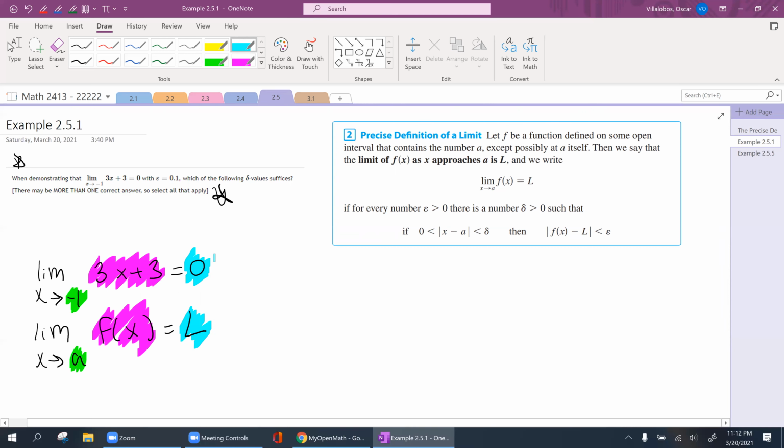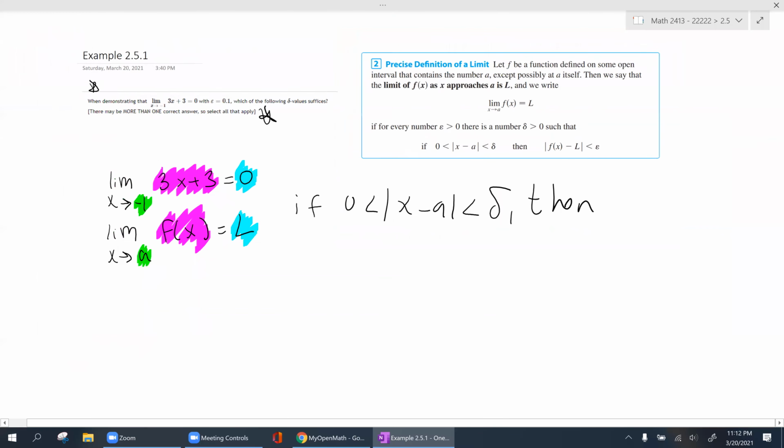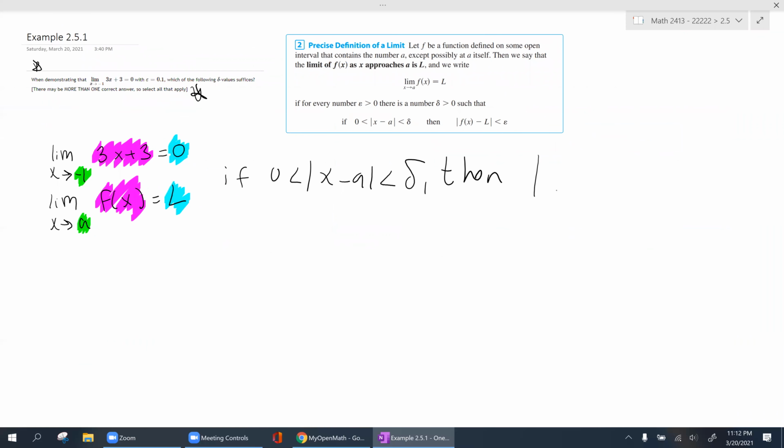And all I'm going to do is plug that into my definition. So I'm told if 0 is less than the absolute value of x minus a, less than delta, then, let's make this a little bit bigger, the absolute value of my function minus L is less than epsilon.